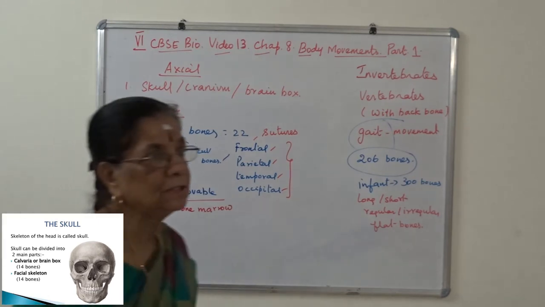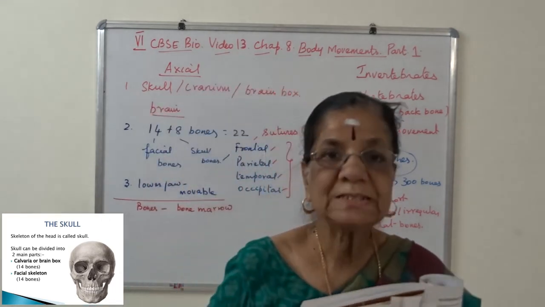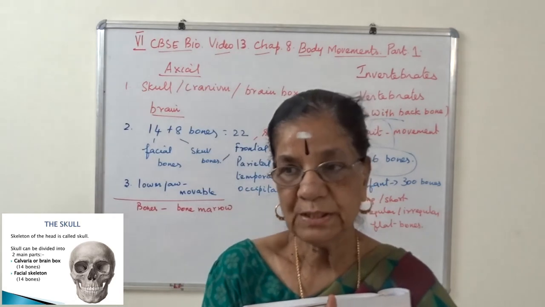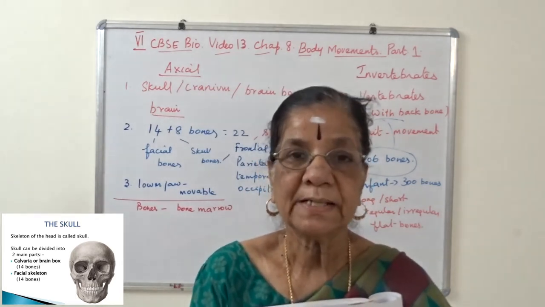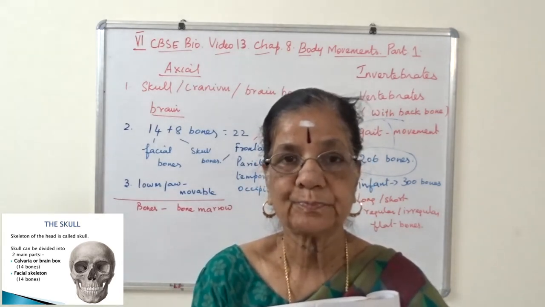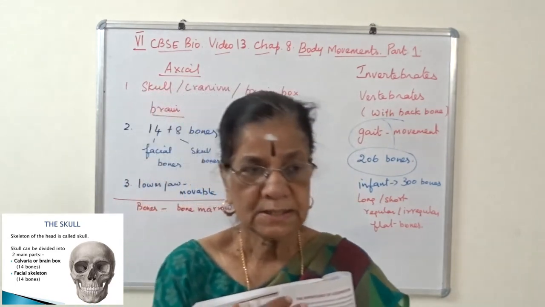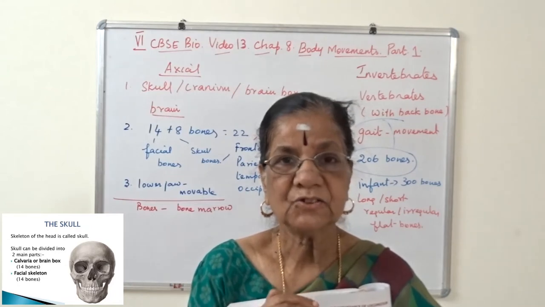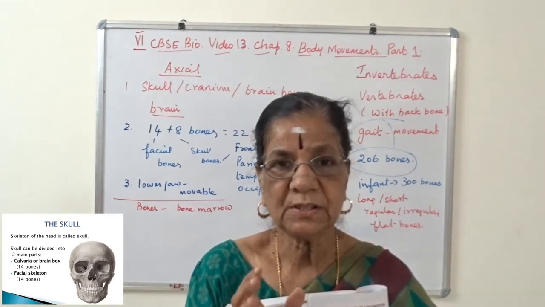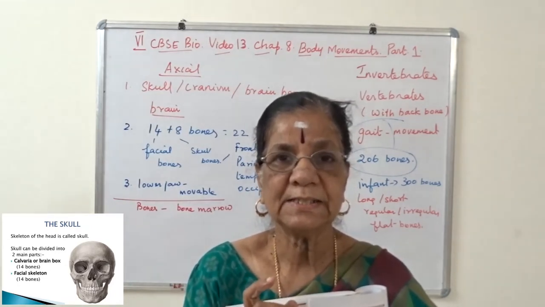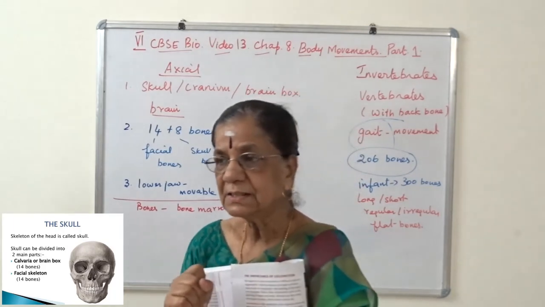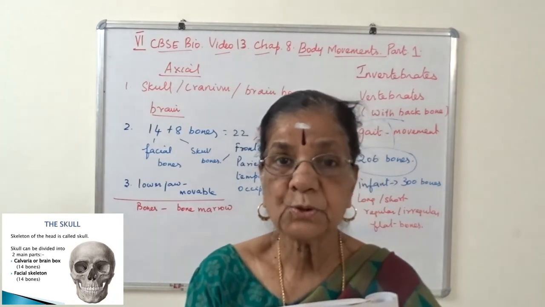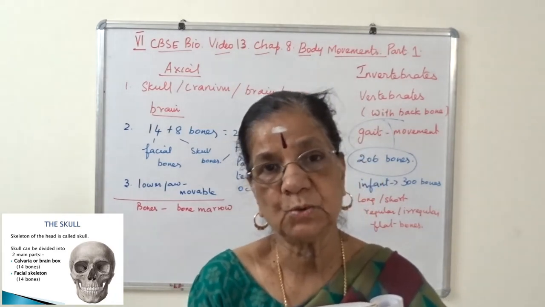Bones are made up of bone cells. Bone is a connective tissue. Normally we say bone is a connective tissue, joined to each other to form the full skeletal system, and it comes under the subheading supportive connective tissue.